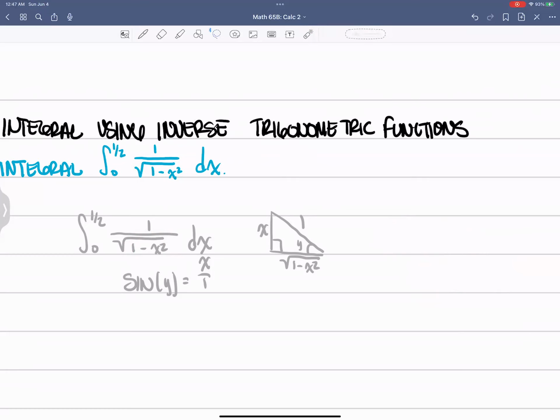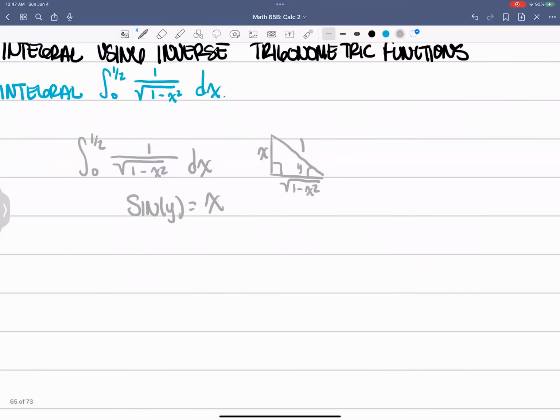Let's start our integration. We're going to do a substitution. Again, we're substituting sine of y equal to x, so everywhere we see an x, we're going to plug in sine of y. We also have to change the limits.